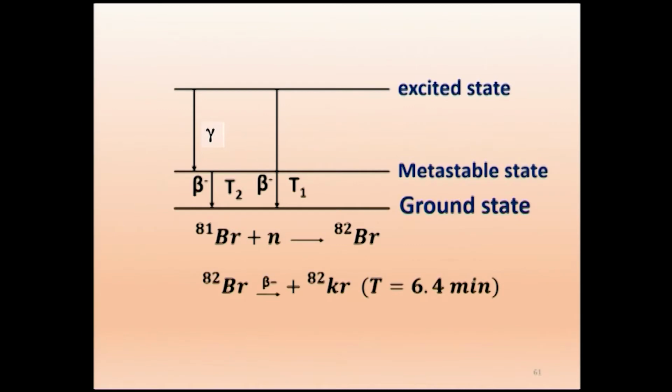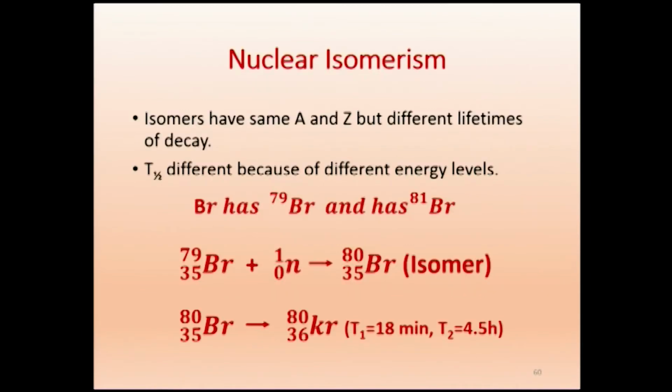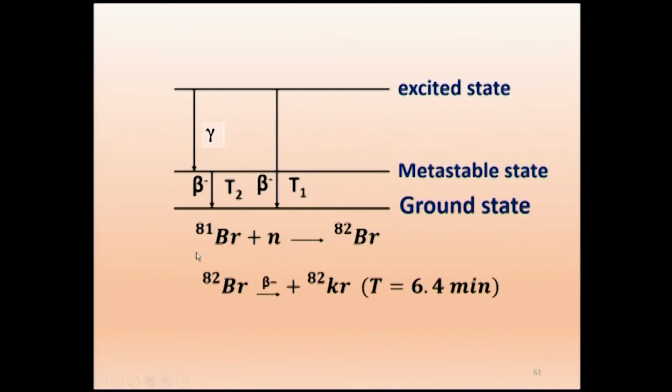I will go to the previous one. T1 is 18 minutes, which is faster, and T2 is 4.5 hours. And the other one, bromine 81, if you bombard it with a neutron, becomes 82, and that 82 emits a beta minus particle, bringing out krypton, and it has a 6.4 minutes half-life.